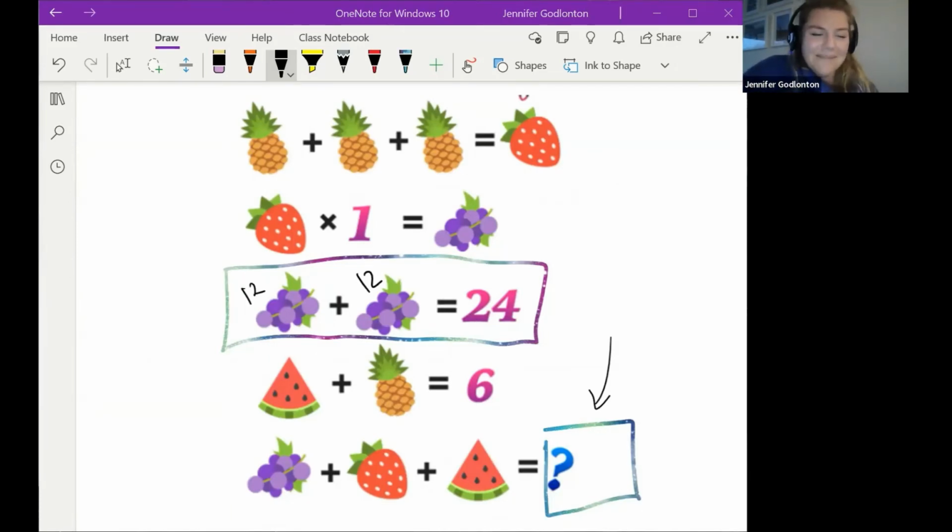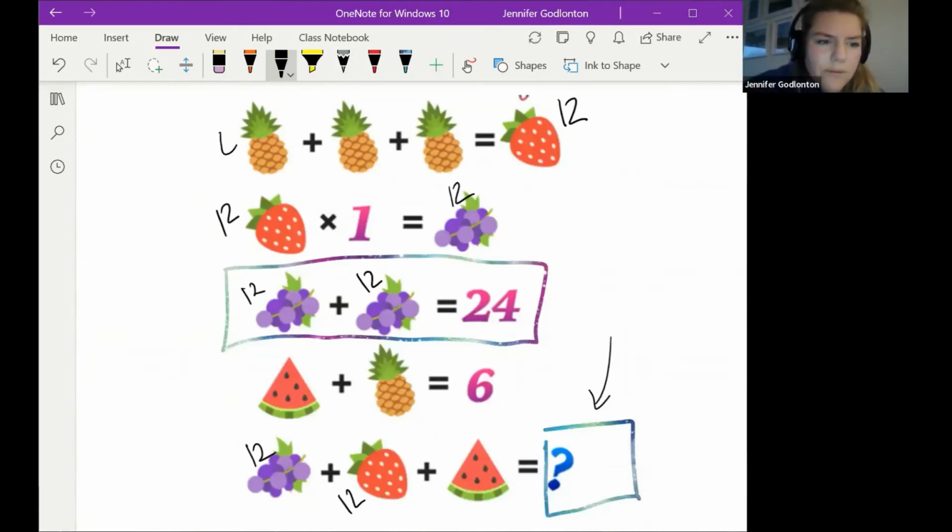I gave it away, but I shall go through how. The grapes are 12 because 12 plus 12 is 24, which means this is 12 here and this is 12 here. Then 1 times anything has to be 12, which means my strawberry has to be 12. If my strawberry is 12, my pineapples must each be 4, which means my watermelon must be 2.